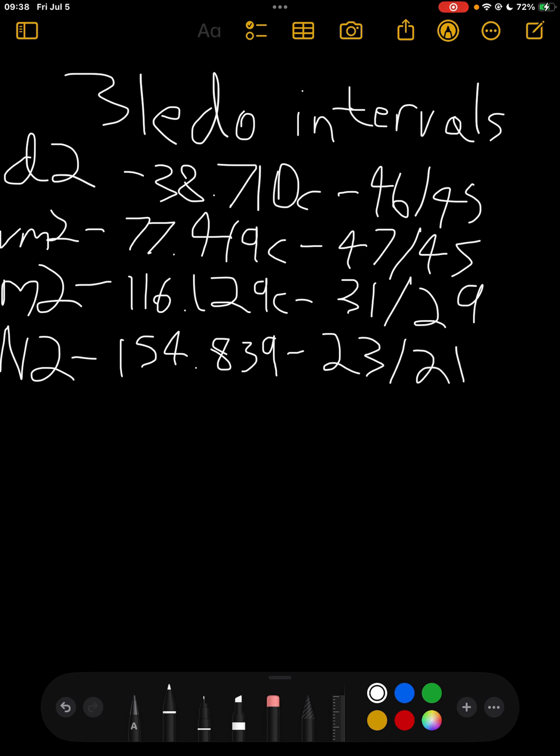Now, next up would be the major second. So, we're now on 5 steps of 31 EDO. And it is 193.548 cents.